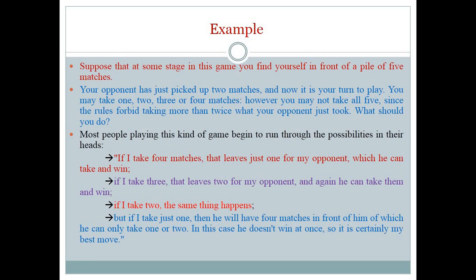Third, if I take 2, the same thing will happen. And lastly, if I take just 1, then he will have 4 matches in front of him, of which he can only take 1 or 2. In this case, he doesn't win at once.